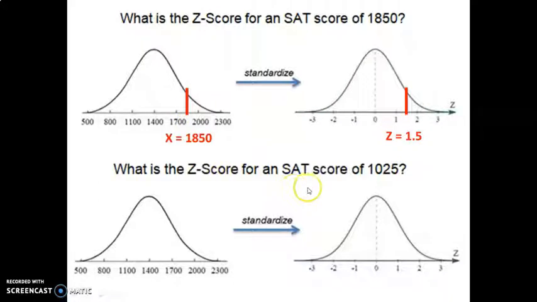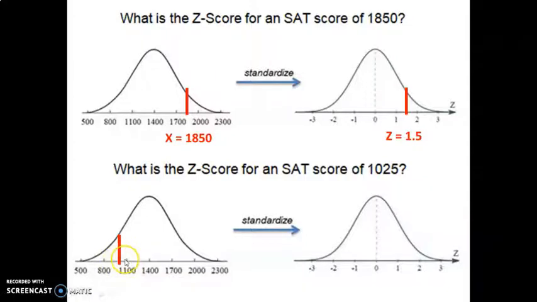How about this one here? Now we're looking at an SAT score of 1,025. A little bit tougher, but it's going to be one of those where we can sort it out pretty quickly. Let's see if you can figure it out. 1,025 is about there. Now you're thinking, we went back one standard deviation and a little bit more. How much more?